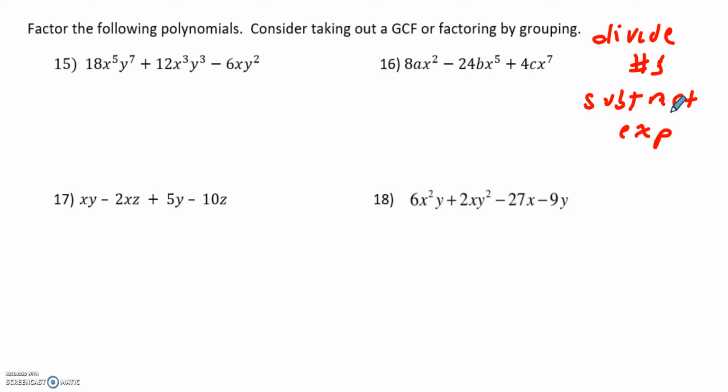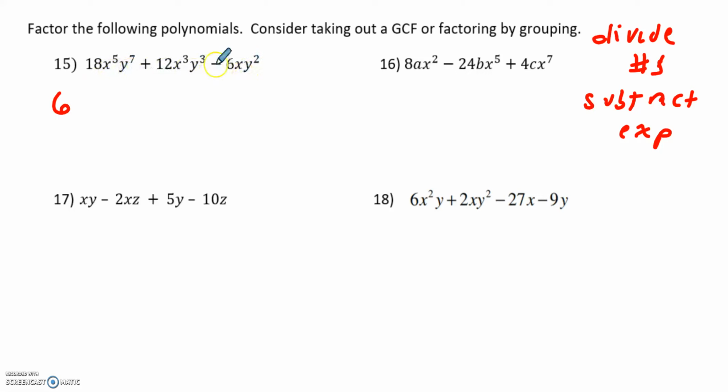If I look at number 15 and its 3 terms, we can't take something out unless it's common to all 3 terms. So if I look at 18, 12, and 6, the largest number that divides into 18, 12, and 6 is 6 itself. So I would take out a 6. Then I look at x to the 5th, x to the 3rd, and just x to the 1st.